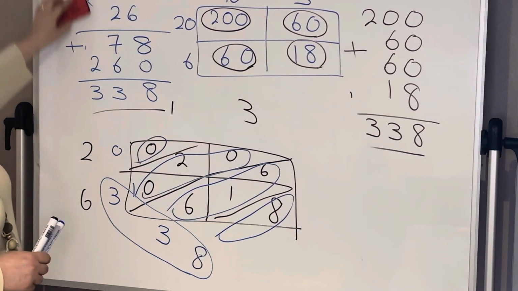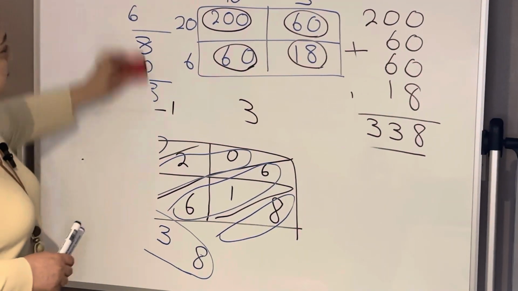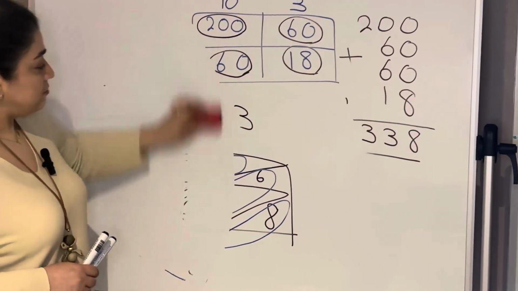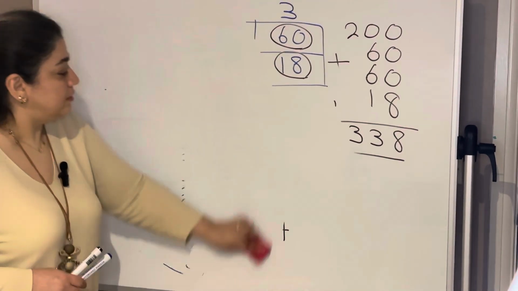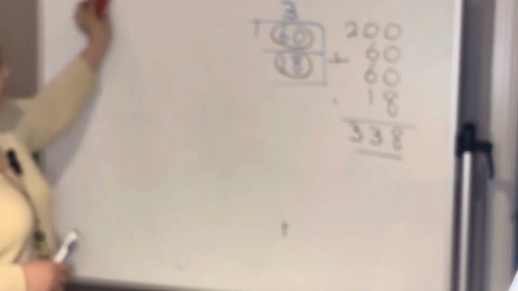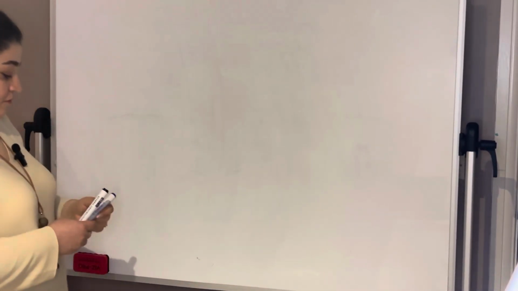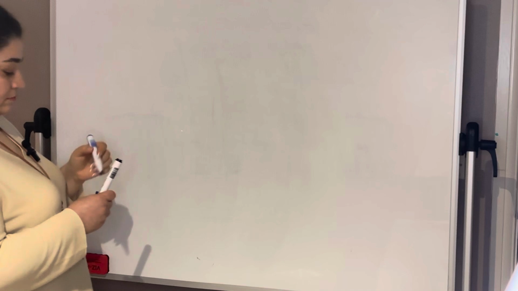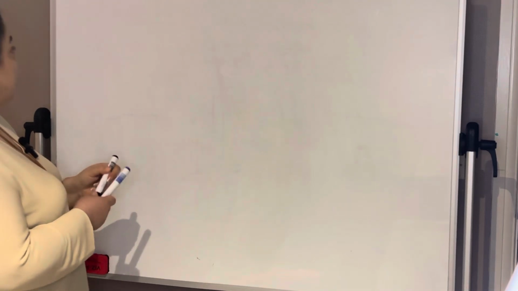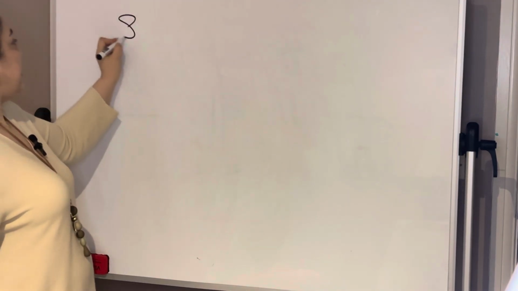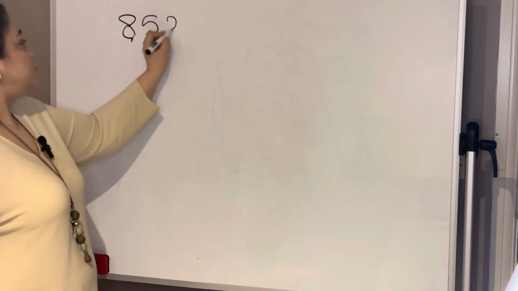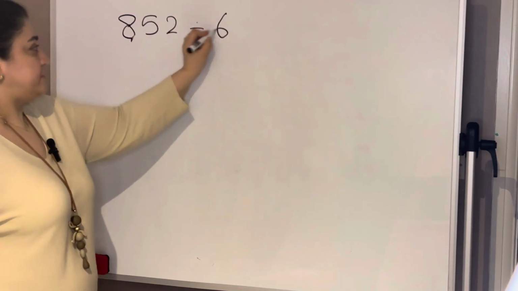For division, we can write it down, for example, 852 divided by 6.